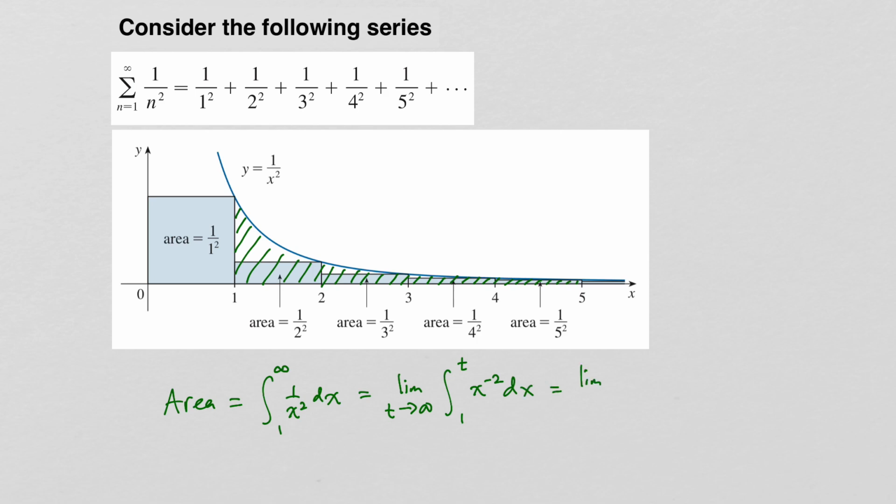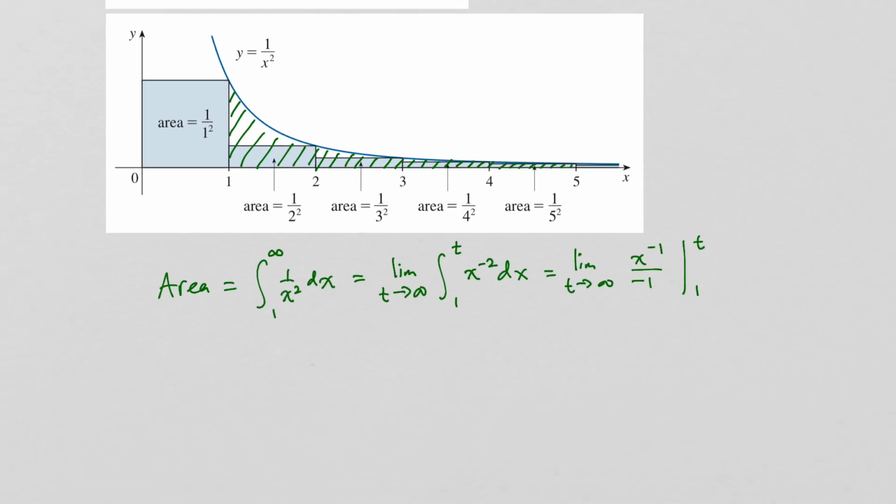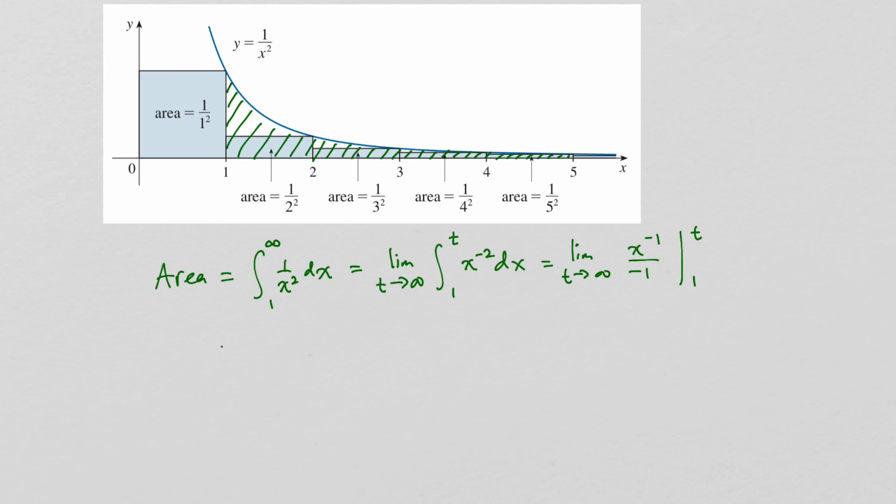And now we'll go ahead and evaluate this integral. We end up getting x to the negative 1 divided by negative 1. And again, this is from 1 to t. Continuing, we have negative 1 over x evaluated from 1 to t. And then we will take the limit as t goes to infinity.